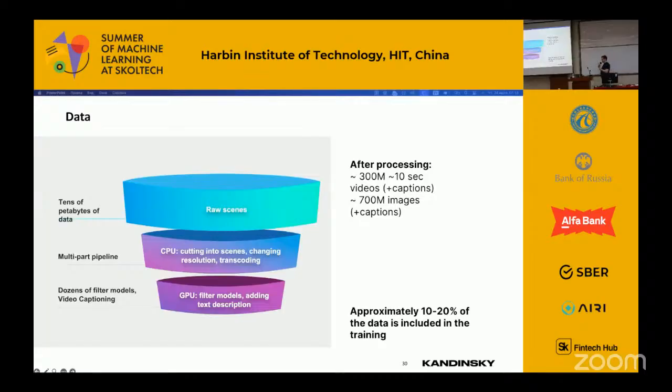So that's important. You have a big amount of video data, for example 500,000, 100,000 10-second videos. But it's not enough. You should run this data set through models for aesthetics, dynamics, and the complexity of the scene.